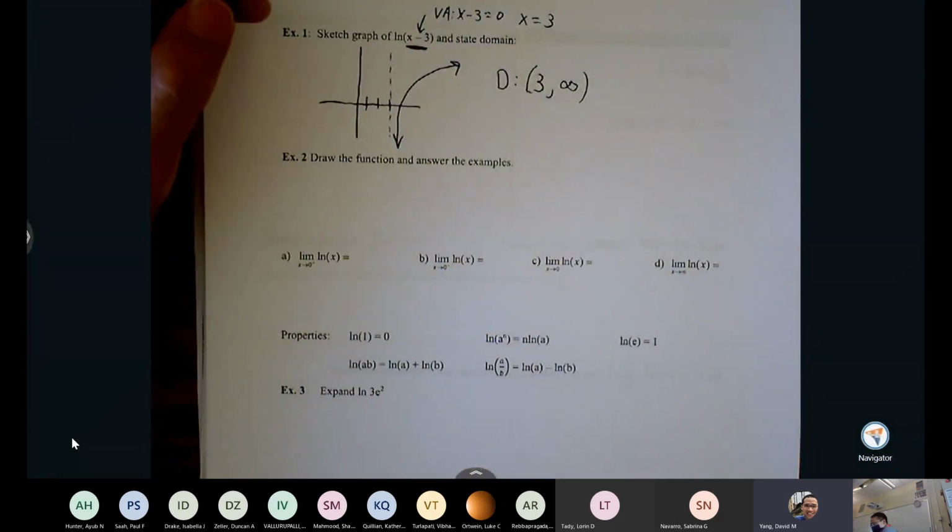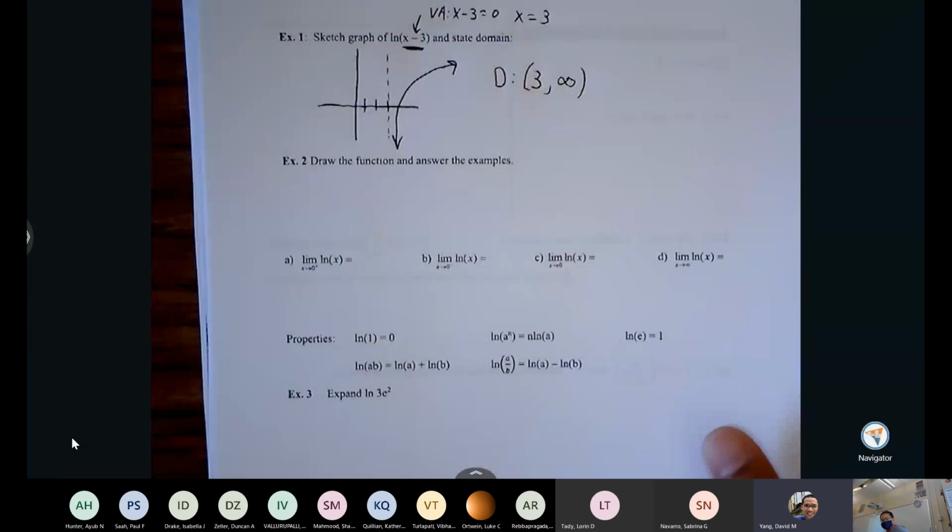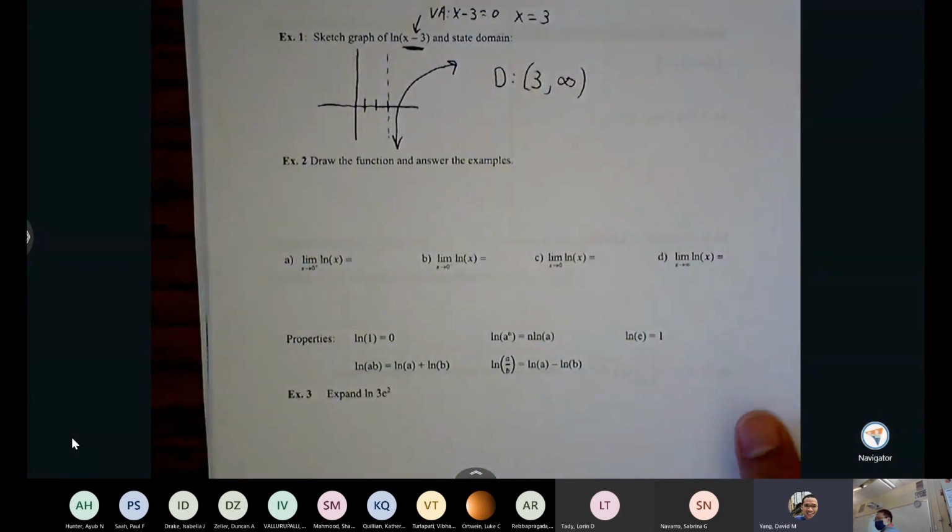Example 2, draw the function natural log of x and answer the questions below regarding limits.